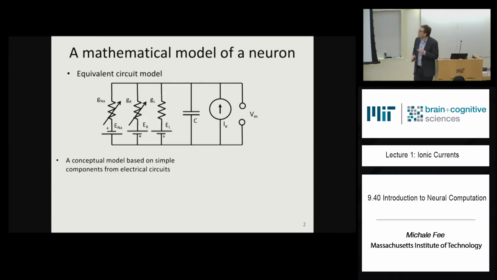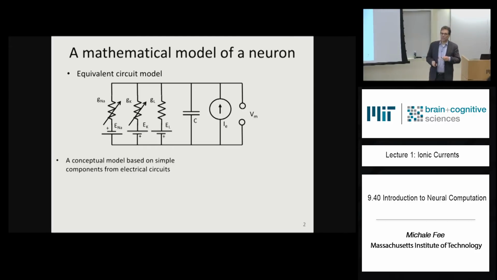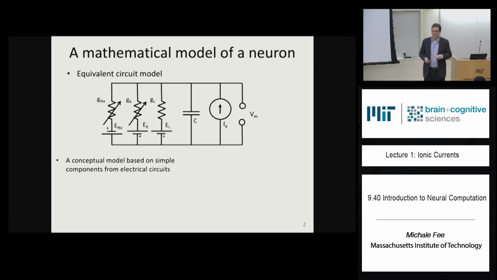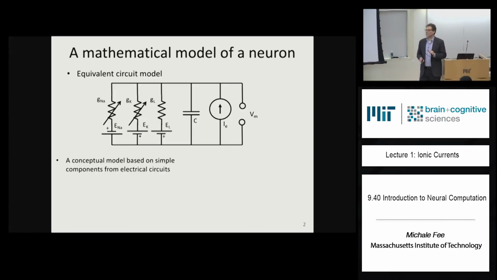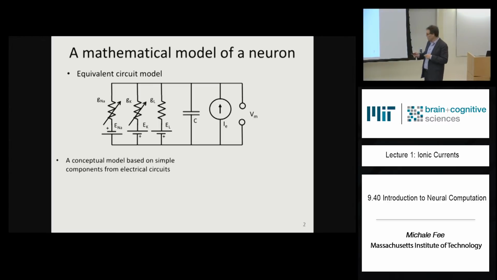One of the nice things about doing that is that every electrical circuit component, like a resistor or a capacitor, has a very well-defined mathematical relation between the current that flows through that device and the voltage across the terminals of that device. So you can write down very precisely, mathematically, what each of those components does.